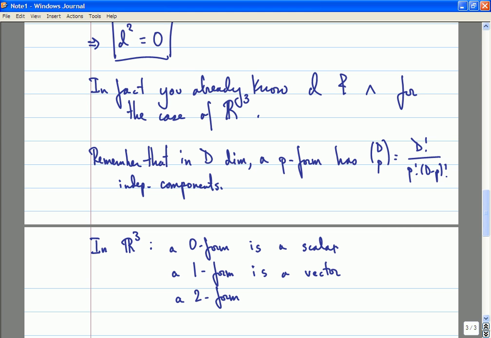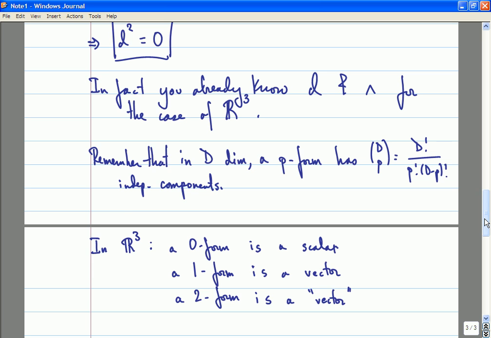So an antisymmetric 3x3 matrix has 3 degrees of freedom. And so you would package those into a vector. And so in your classes on multivariable calculus, you also encountered two forms, but you called them vectors. You didn't call them two forms.